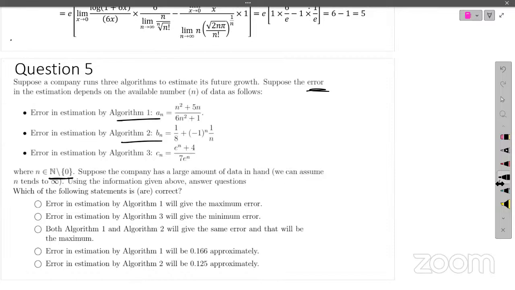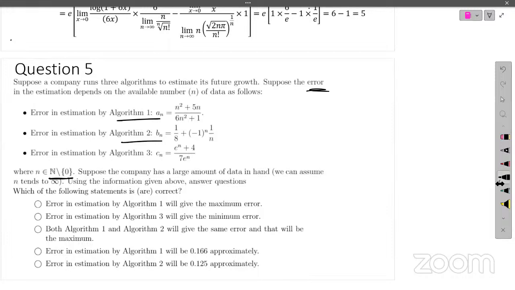So using the information given above, answer the question. The first question says that the error in estimation by algorithm 1 will give the maximum error. So for that, we first have to calculate the limit of all these 3 sequences and find out what error will happen in these 3 sequences if we have a large amount of data. Large amount of data means n goes to infinity.